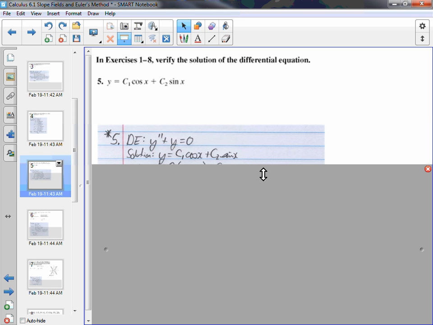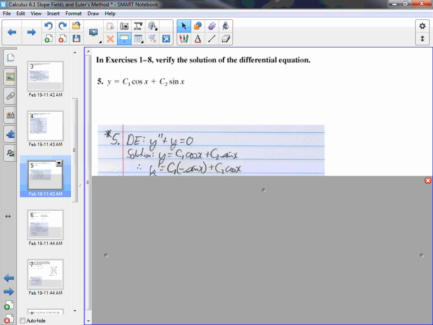We know what to substitute in for y, but we don't yet know what to substitute in for y double prime. So let's get it. Let's get y prime. Constant multiple rule.